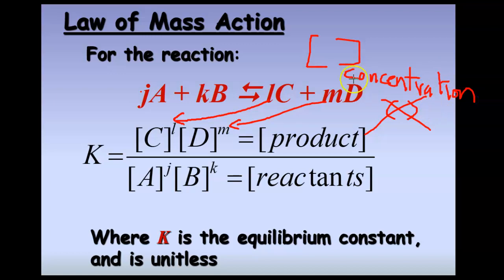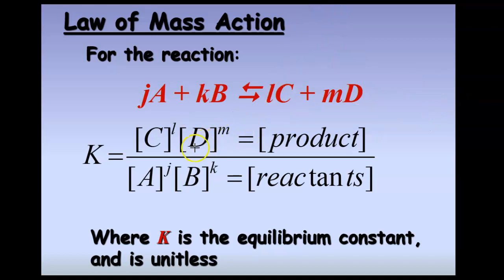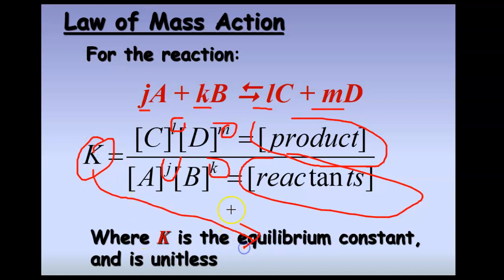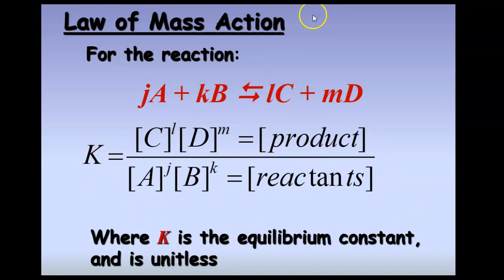All right? So the law of mass action is that products over reactants, and your coefficients become your exponents. Just like that. As simple as that. This K is called your equilibrium constant. Your K is your equilibrium constant.